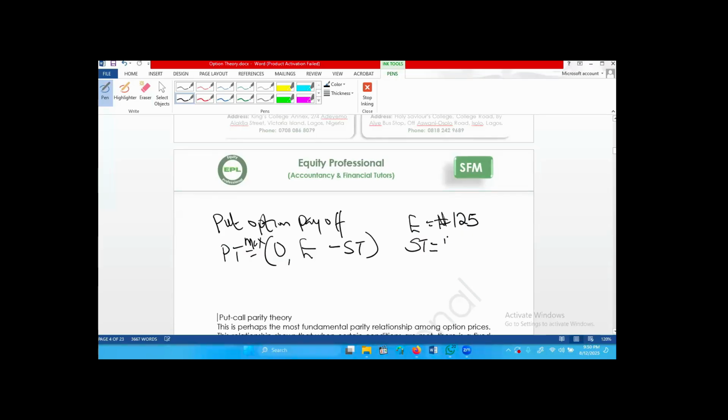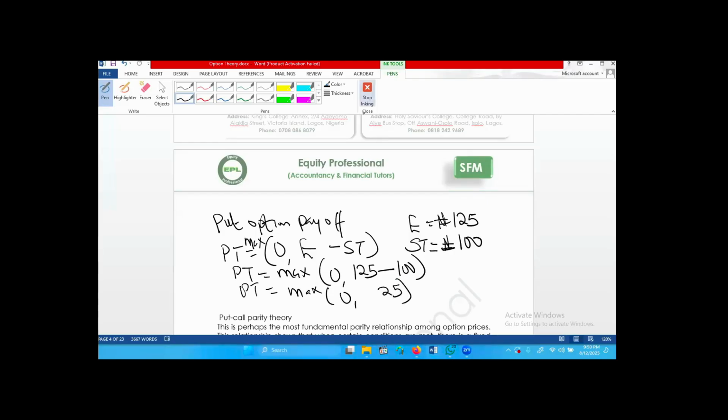At maturity, Dangote shares are trading for 100 naira. I can now test it. My PT is equal to the maximum of 0, 125 minus 100. That will give me PT equal to the maximum of 0 or 25.